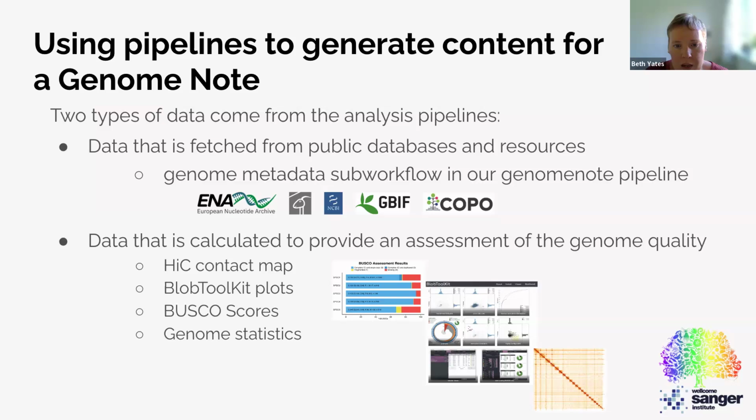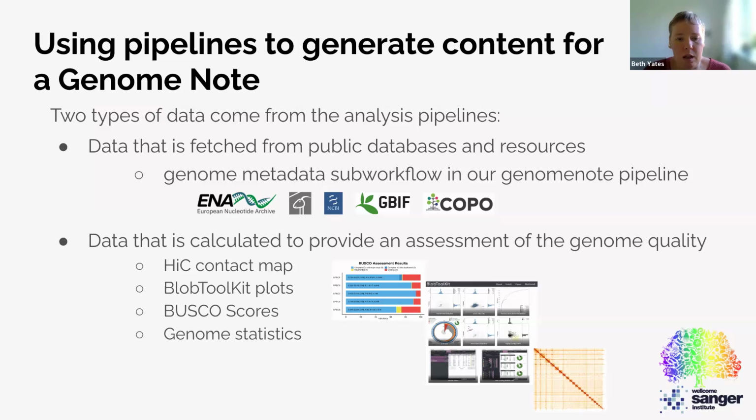So this is things like ENA, GOAT, NCBI, GBIF, where we get some of the taxonomy data, and COPO, who do a lot of the sample brokering for us. They have a lot of information about how the sample was collected, how it was preserved, and we can pull that information from them and include it within the genome note.